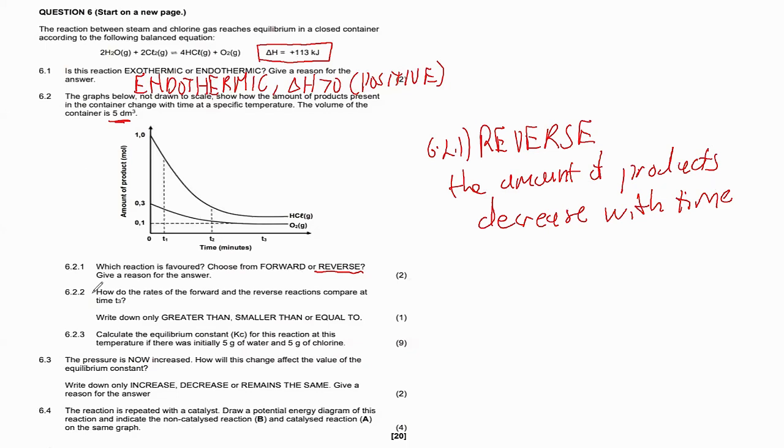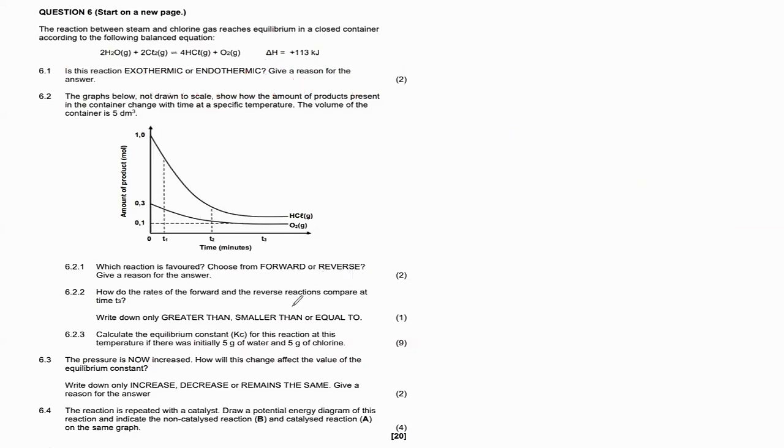And then we have 6.2.2. It says, how do the rate of the forward and the reverse reaction compare at time t3? At time t3, we can see that this is when the reaction has reached a point of chemical equilibrium, right? Because we can see that the concentration of the products has now reached a constant level there.